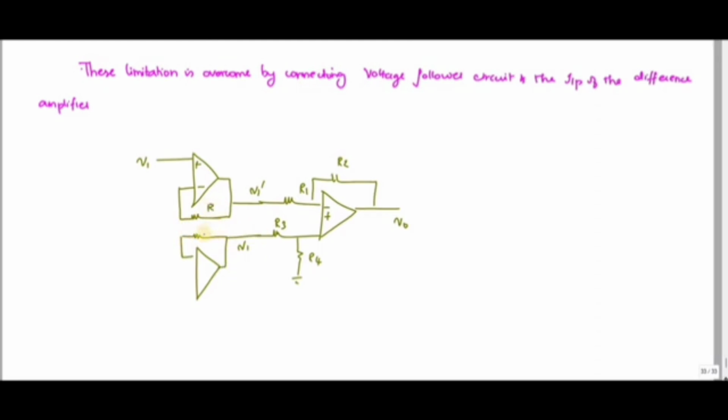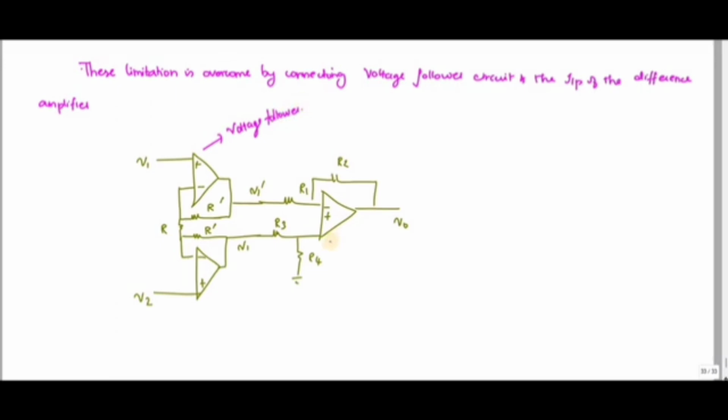This one use R bar, R bar. Okay. And here I have connected one resistance, that is R. Okay. This is V. Okay. So I have connected two voltage follower circuits. Okay, this is nothing but a voltage follower circuit.